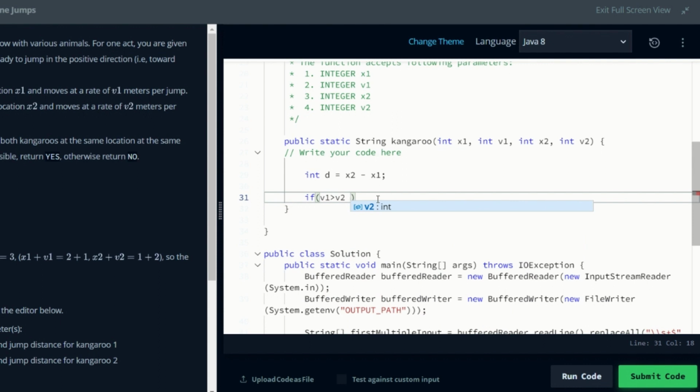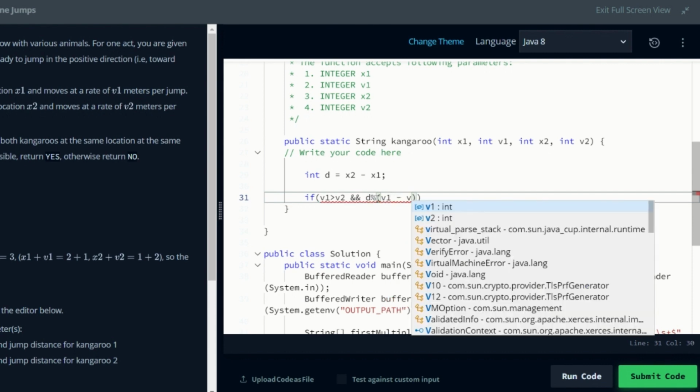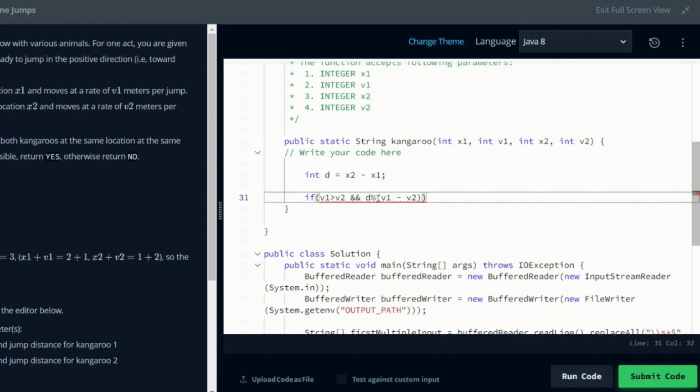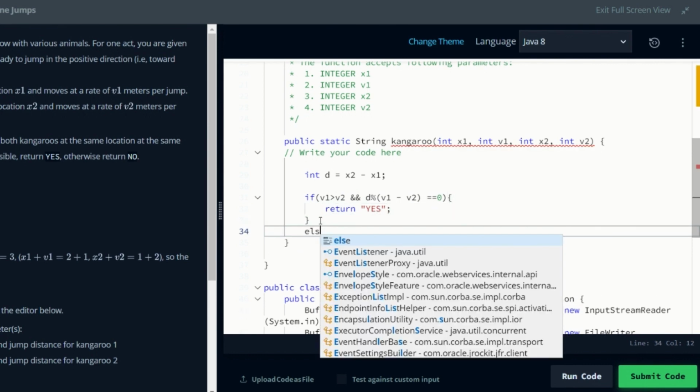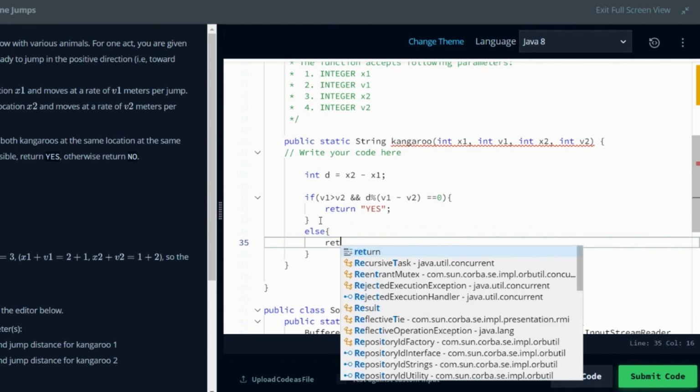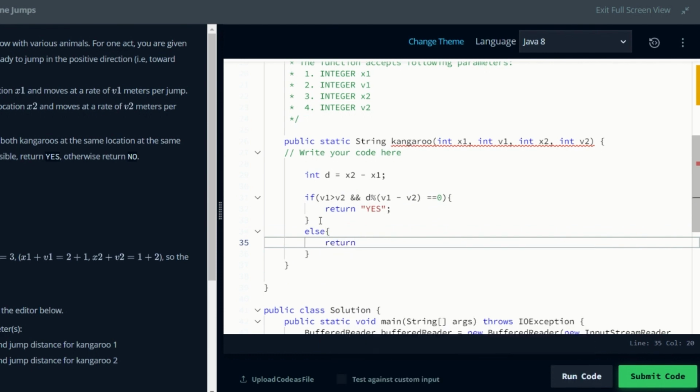And if d is perfectly divisible by v1 minus v2, then I return yes, else not possible at all. Wow, simple, right?